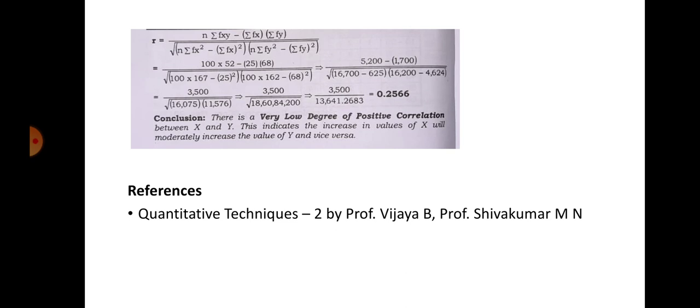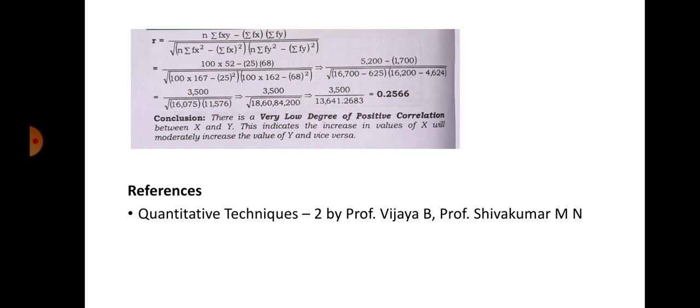Next, n is 100. Substitute the values now. 100 into 52 minus 25 into respective values. You see, n into sigma fxy is 52, minus sigma fx which is 25 into sigma fy which is 68, divided by square root of 100 into sigma fx square 167 minus 25 whole square. Similarly, column total: 100 into 162 minus 68 square.